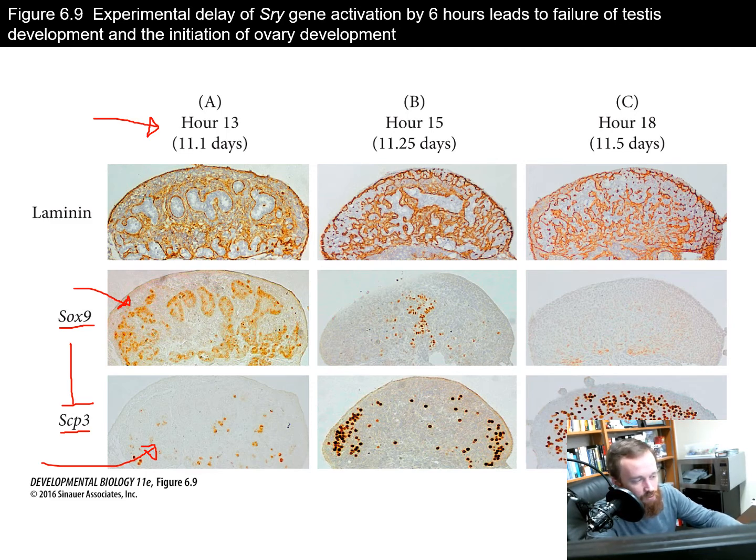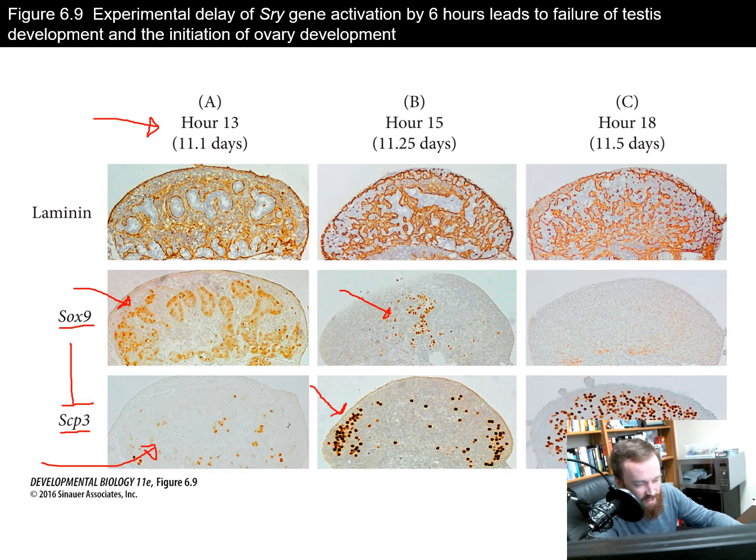Now, if we move the SRY expression back a couple hours, so we wait 2 more hours and heat it up then, we see that in the center of the gonads we have expression of SOX9. However, on the periphery, we're starting to see expression of SCP3.